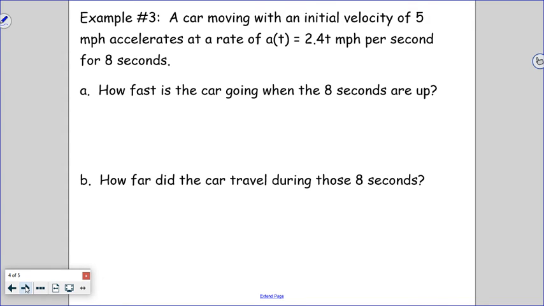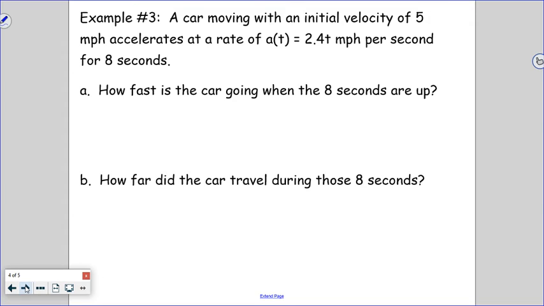Let's talk about that one first. We're going to sometimes see that question, how fast? Another word for fast would be, what is the speed?